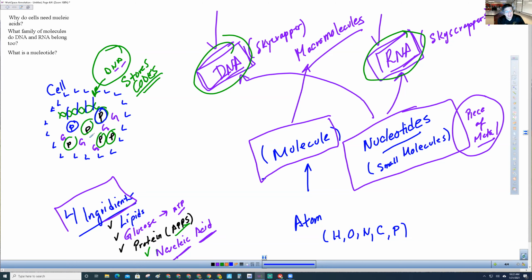So nothing happens inside the cell without a protein being involved. And these proteins don't exist unless we have the codes to make them. It's just like your phone. You can't have an app on your phone unless you download the codes from the app store. The same thing. That's why DNA is so important, because it stores the codes that the cell needs.